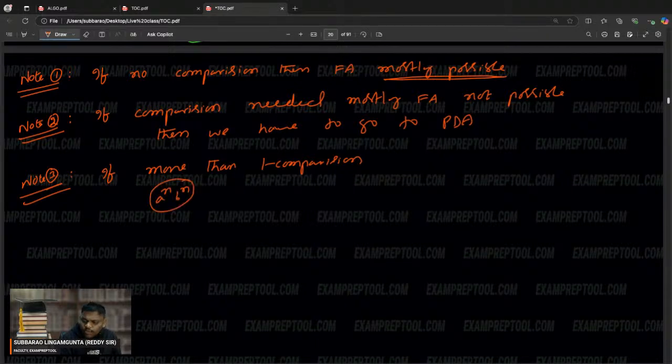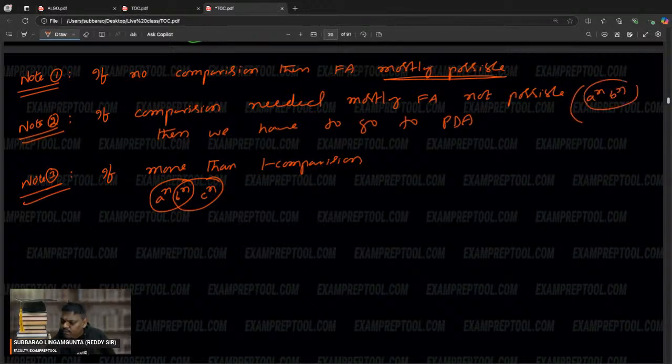Next, b^n c^n has one comparison. So this is more than one comparison. But in the first problem, a^m b^n, there is no comparison. Any number of a's, any number of b's. It is the n b's and the m a's, no relation. Finite automata is possible for this.